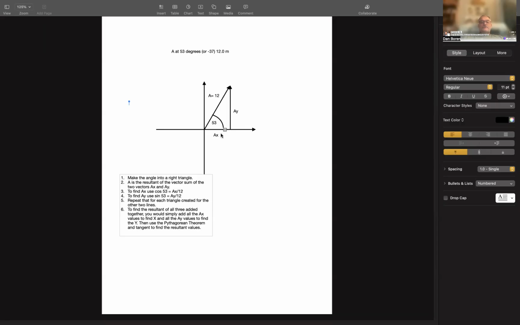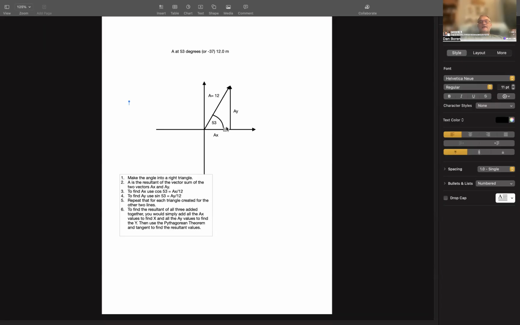Now, in order to solve this, if I have this vector, and then I have another vector coming over here into quadrant 2 and another vector coming over here into quadrant 3, I would have to do this for each one of those to find the resultant of all three of them acting on the object that's here at the center.